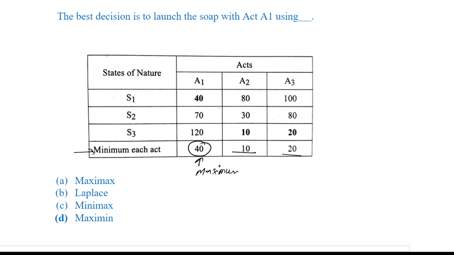So from the minimum I'm looking for the maximum value, so it is nothing but maximin. This represents the set of values in that column, and from the minimum column I'm selecting the maximum value, and hence it is the maximin criterion. Let's move on to the next question.